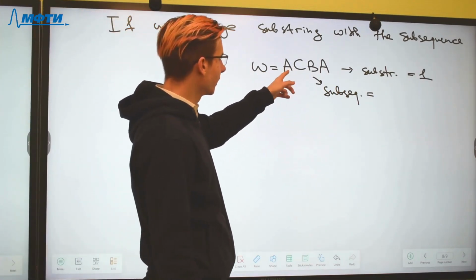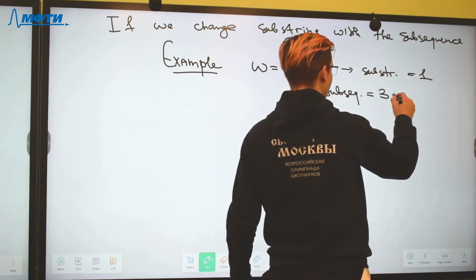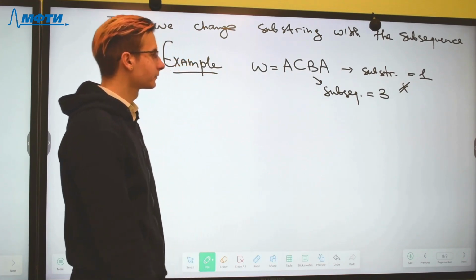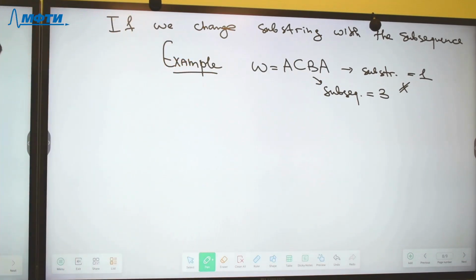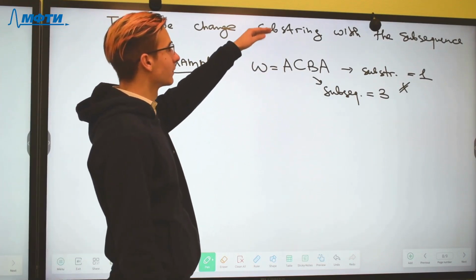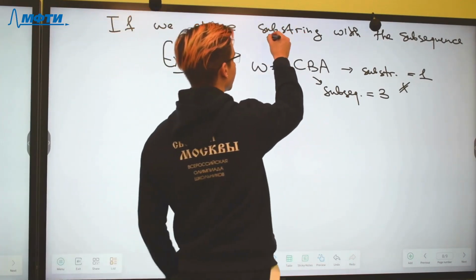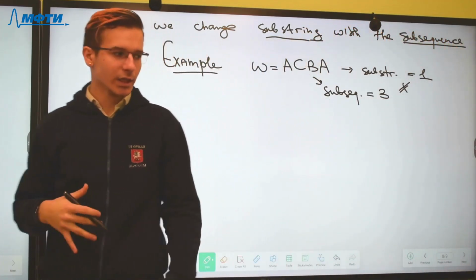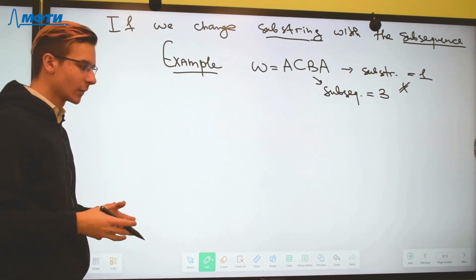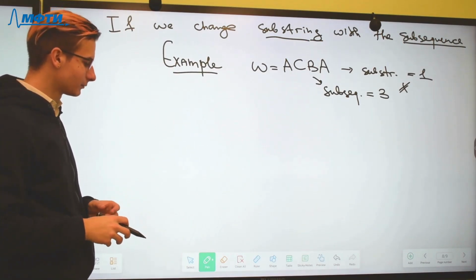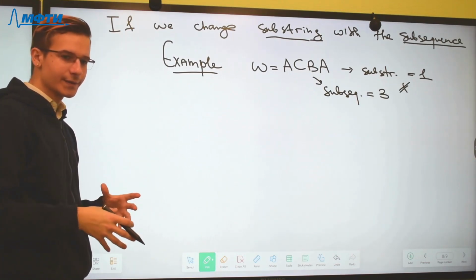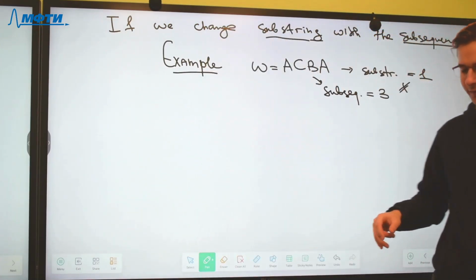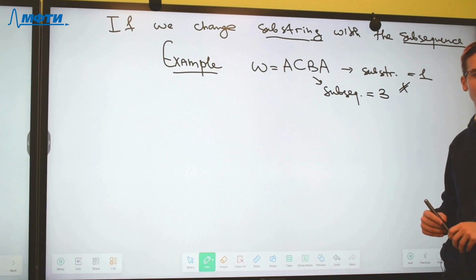3? 3, ACA, yeah. Or ABA, yeah. So, of course, it is a different question if we change substring with subsequence here. And if we try to use a naive algorithm to count all of these cases, how many subsequences do you know in a word with n characters? 2 to the power n.